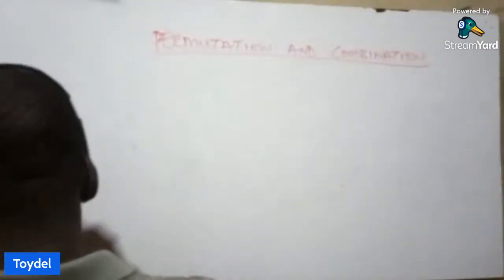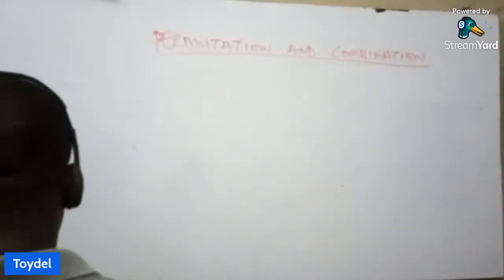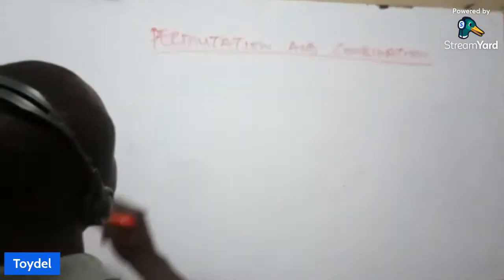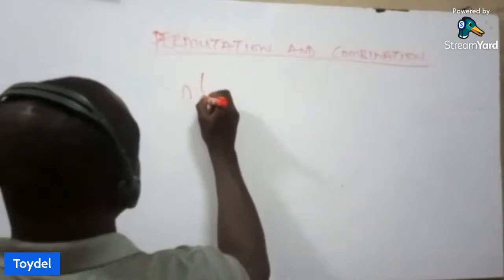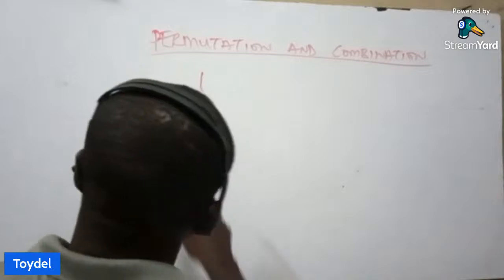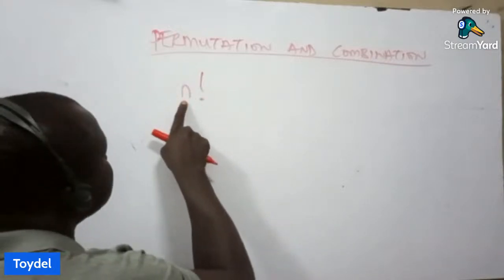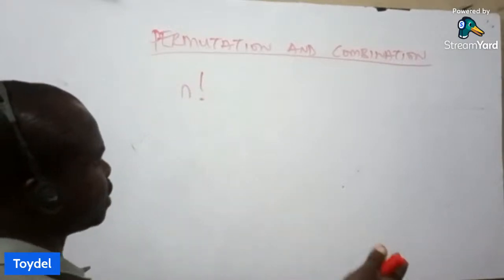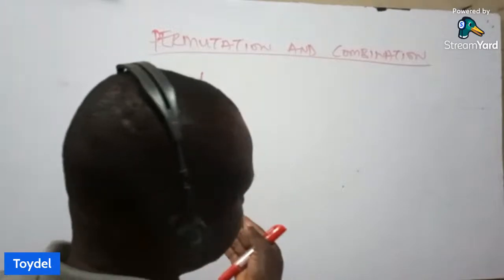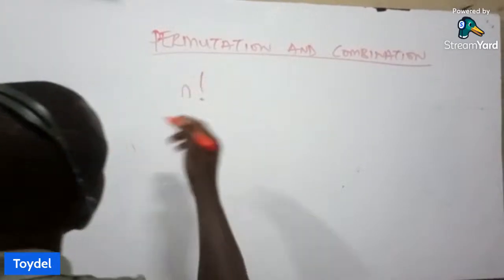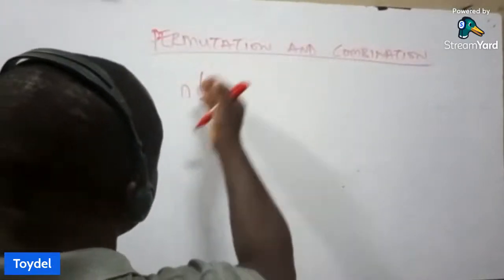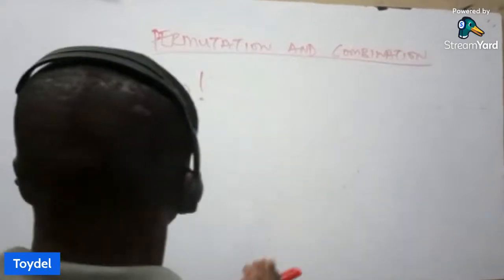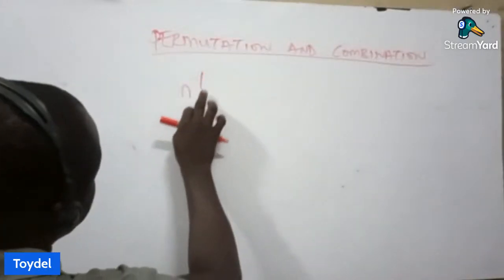So the number of different arrangements of n different objects is denoted as n factorial, where n could be any natural number. It could be 1, 2, it can even be 0. So when we consider the arrangement of objects, then we talk about n factorial.